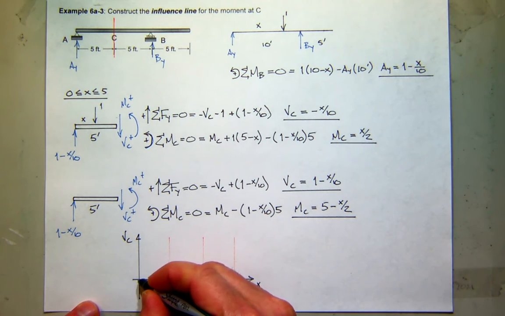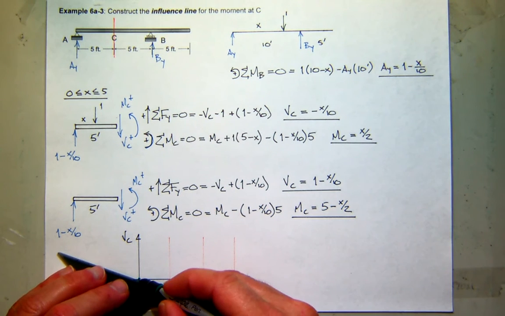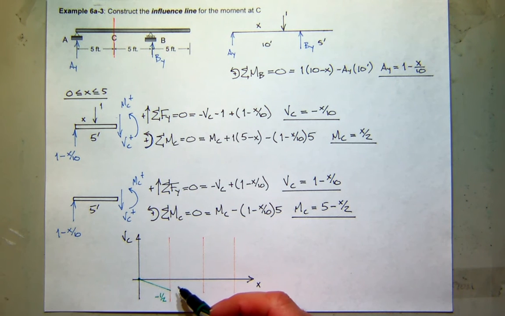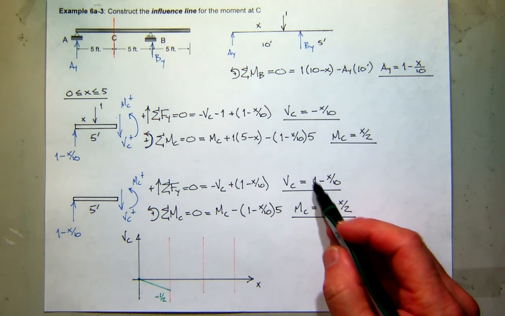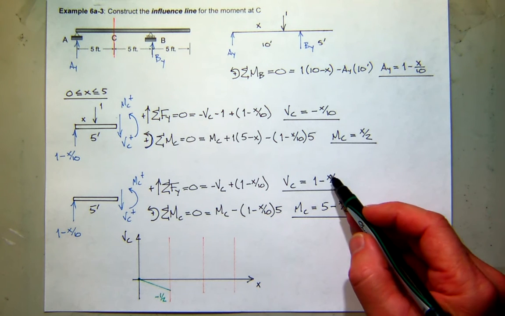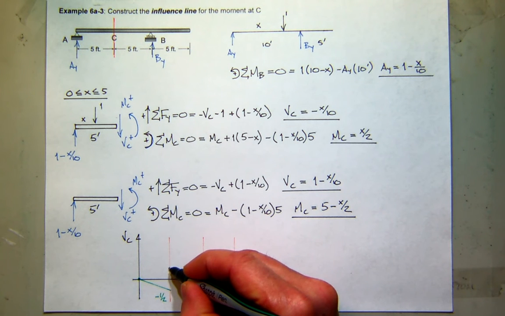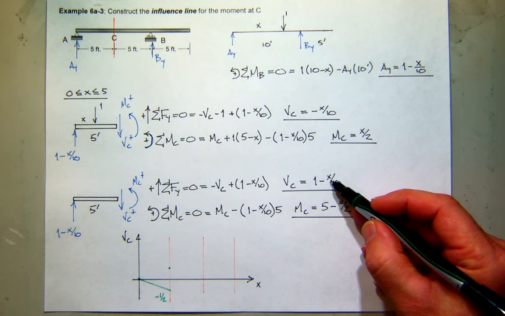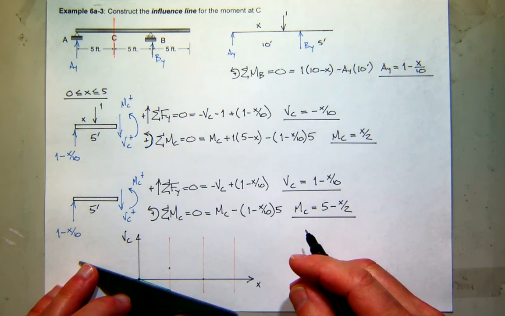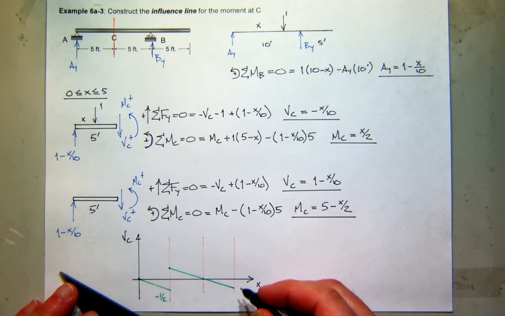So that'll start out at 0, and at x equal 5, that will be negative 1/2. And then I'll plot this equation from 5 to 15. So I'll put in 5 there, and you get positive 1/2. You put in x equal 10, you get 0. You put in x equal 15, and you get minus 1/2.